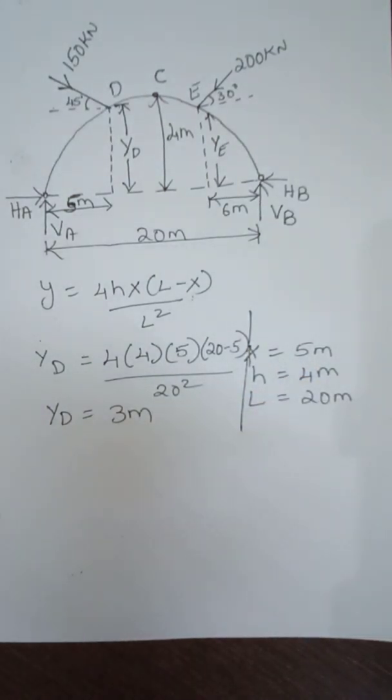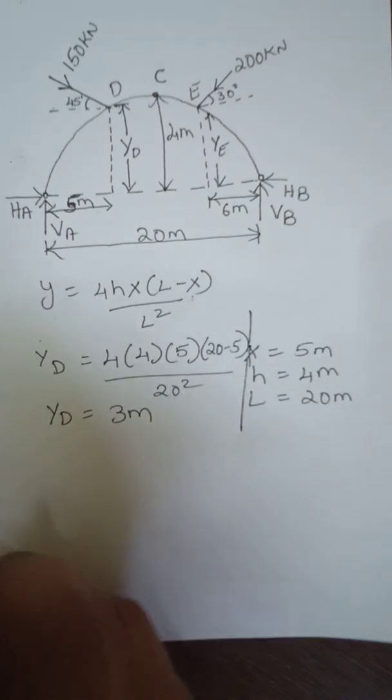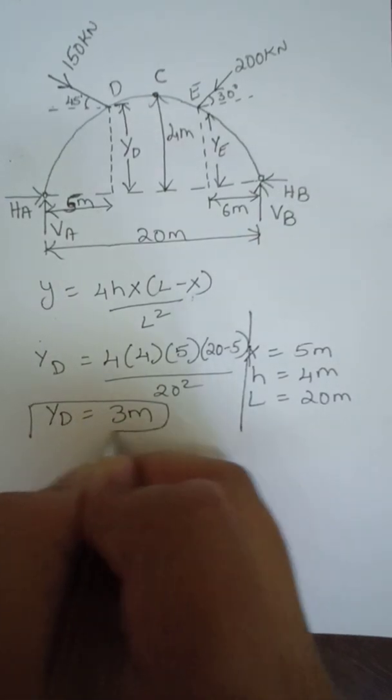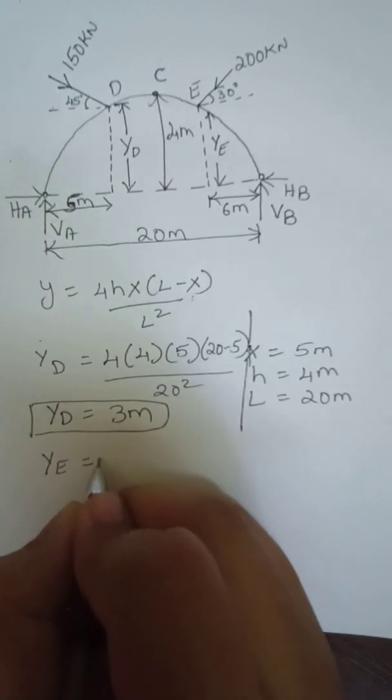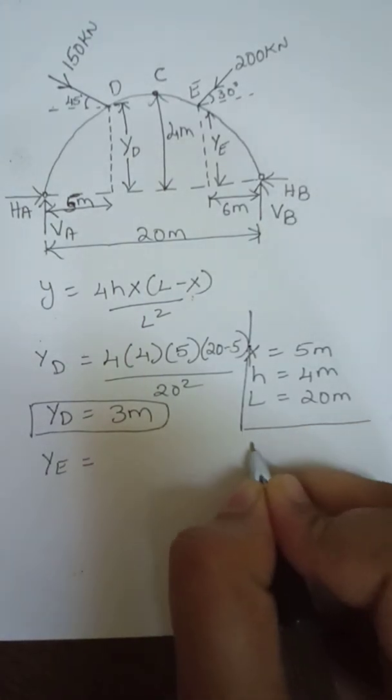So this is how we compute the vertical distance of the loaded point. This is the value of YD. Similarly, if I calculate YE, again it is equal to 4hx(L minus x) over L square.